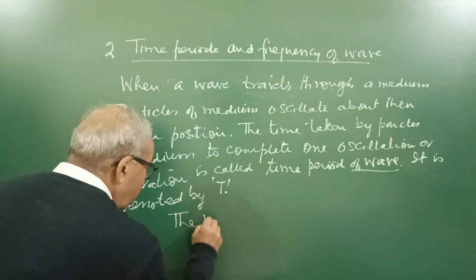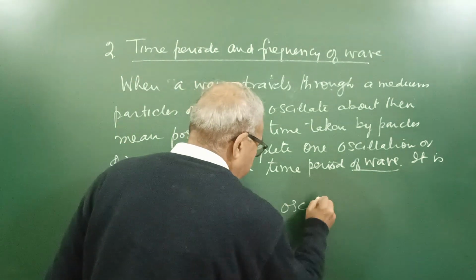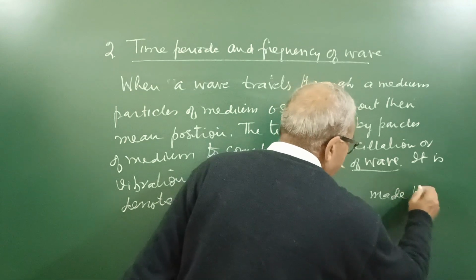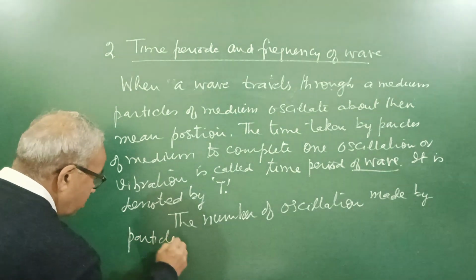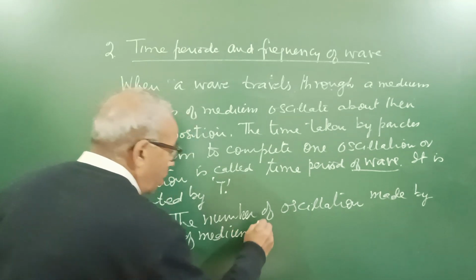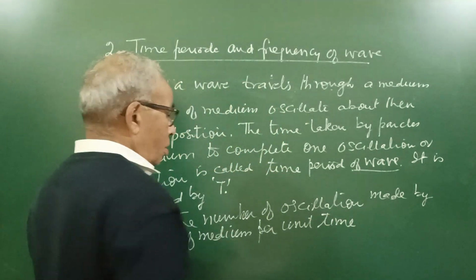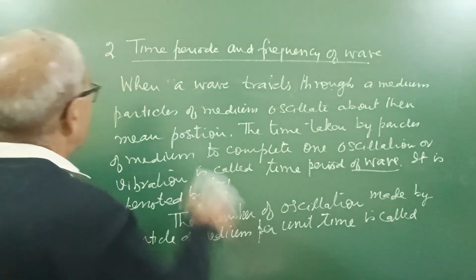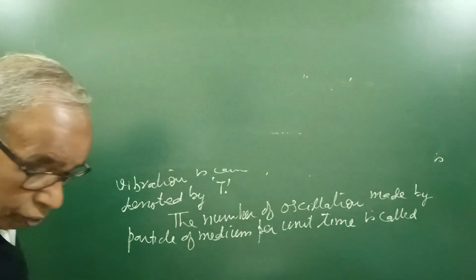The number of oscillations made by a particle of the medium per unit time is called frequency of wave.